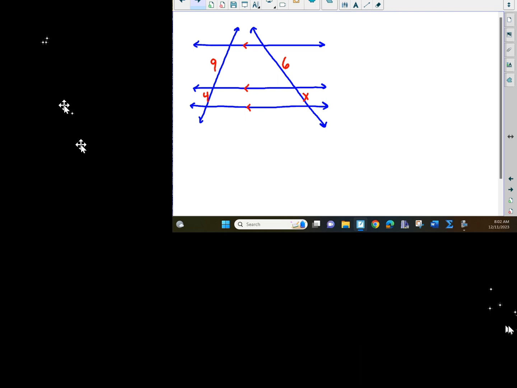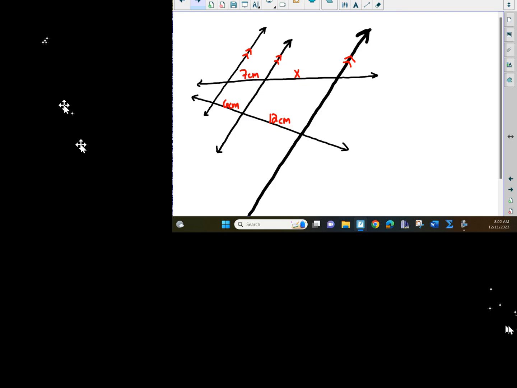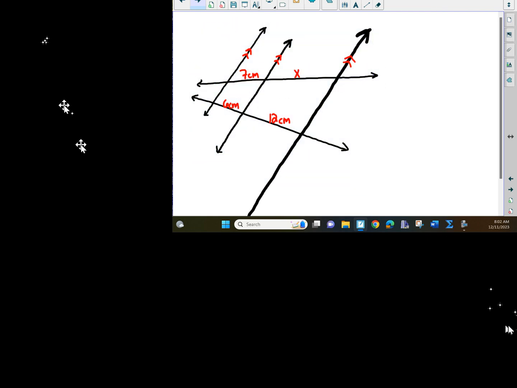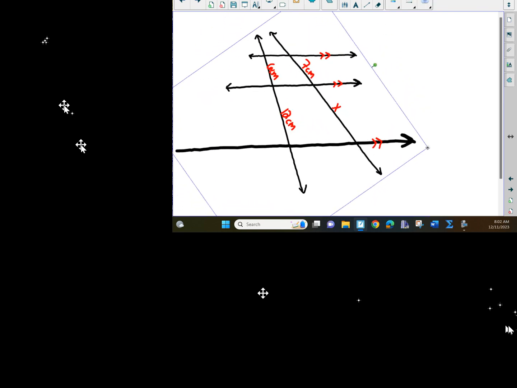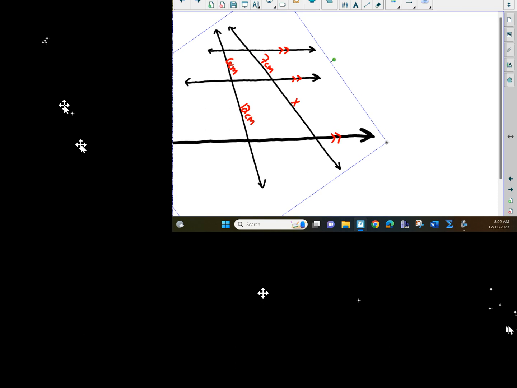Now if all of a sudden you have one that's crooked, like this right here, what I would tell you to do is rotate it, so the parallel lines are going across my paper.